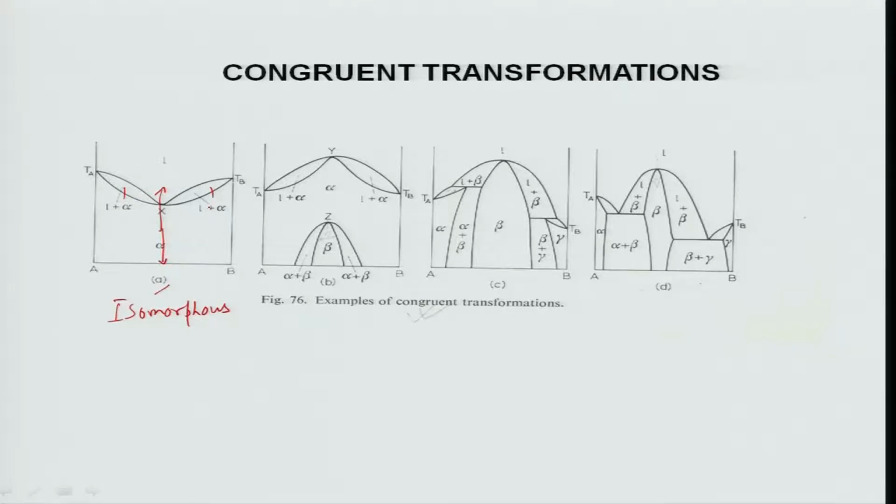Now, there are also phase diagrams in which such phases exist, like this one, C and D. C shows a phase beta, and D also shows a phase beta, in which congruent melting exists. You can see that beta melts to liquid at this composition, given by this arrow, without any change of composition.